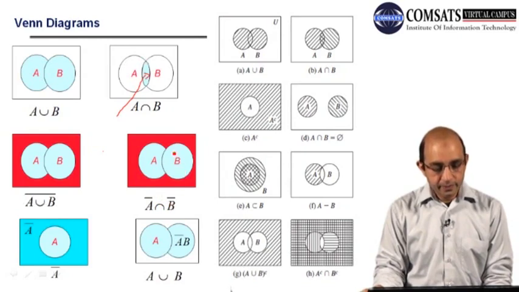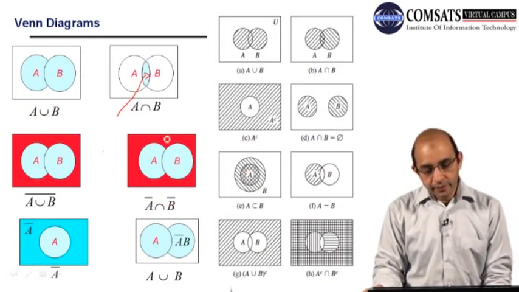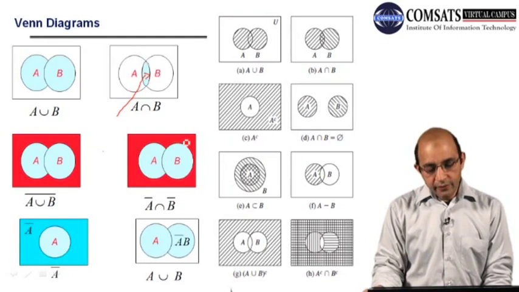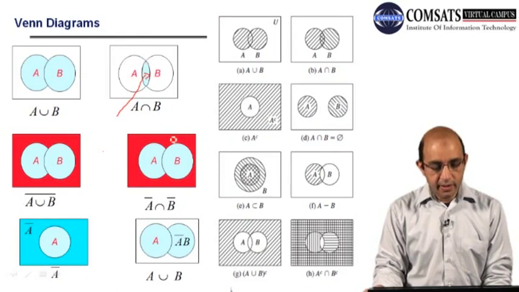And if you talk about B only, then this complement is the red area. So A complement intersection B complement, they are the same.